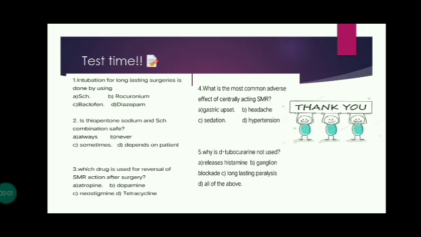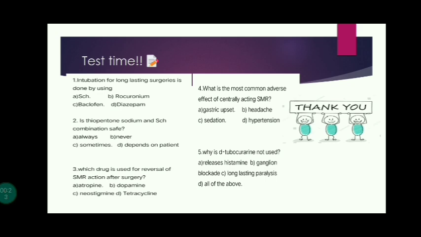Option B. Third, which drug is used for reversal of skeletal muscle relaxants after surgery? Anticholinesterase drugs like neostigmine or physostigmine are used after surgery for recovery. So option C, neostigmine, is correct here. Fourth question, what is the most common adverse effect of centrally acting SMRs?